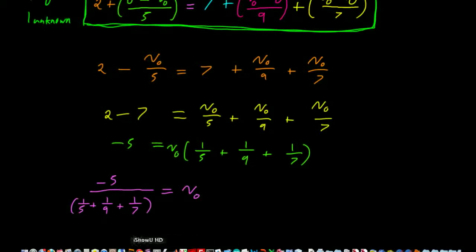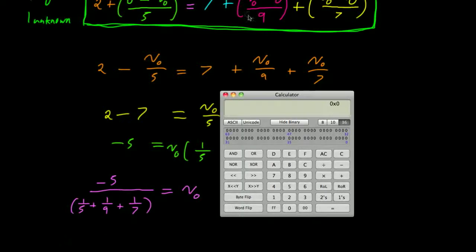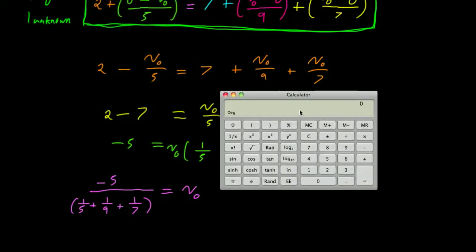And now I'm just going to go ahead and get out the calculator. So it's set to programmer. Let me set it back to scientific. Okay. So first thing, I'm just going to compute this denominator. So I'm going to take 5 inverse plus 9 inverse plus 7 inverse.